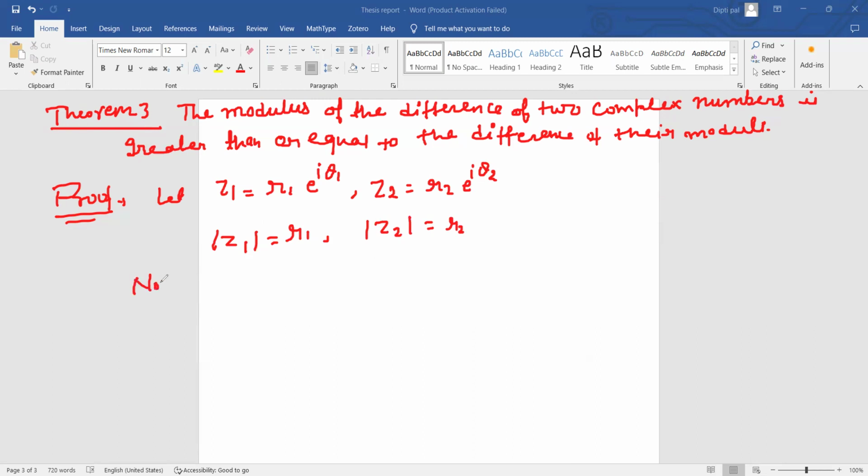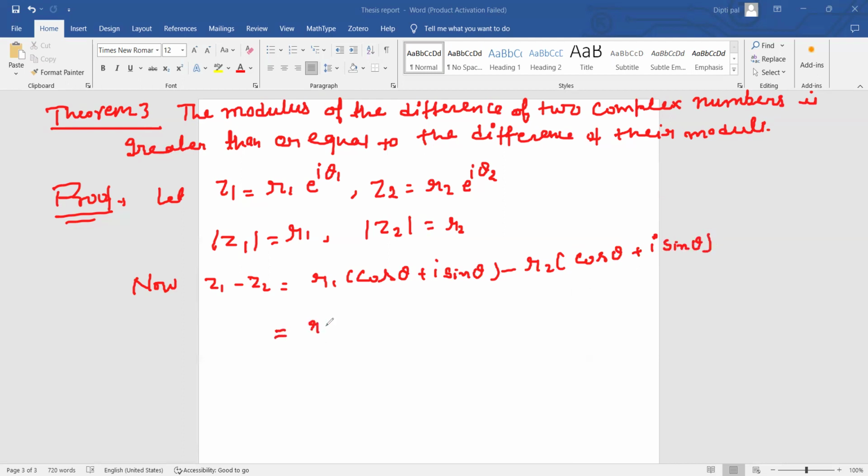Now Z1 minus Z2 will be R1 (cos theta 1 plus I sin theta 1) minus R2 (cos theta 2 plus I sin theta 2).